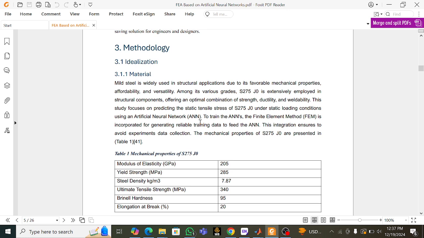Otherwise it would require more material properties, like modulus and Poisson ratios, for the training, so it may require more time to train the model. That's why I choose only the S275J0, which will make the problem or model simpler.